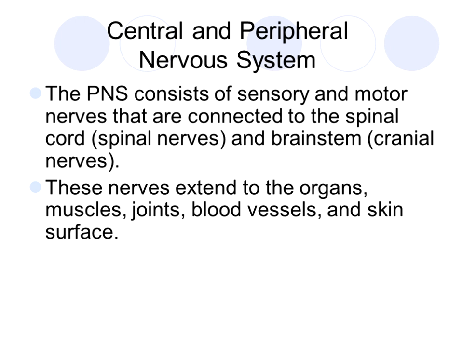Okay? These nerves extend to organs, muscles, joints, blood vessels, and the skin surface. So information, when it comes into the body, really comes in by way of some sensory stimulation to an organ, a muscle, a blood vessel, a joint, or skin surface. And then that information goes to those peripheral nerves.